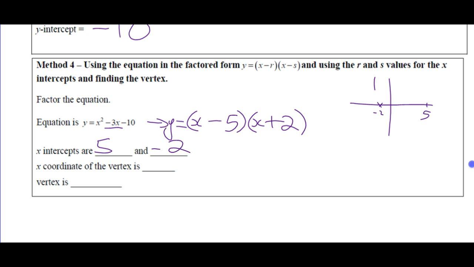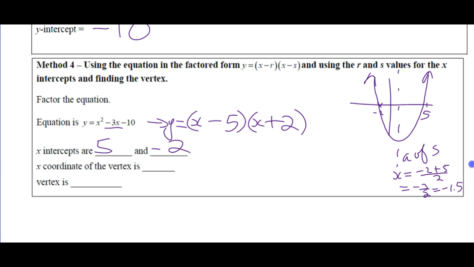We know it opens up. This is the axis of symmetry. How does that relate to these two numbers? It's halfway in between, right? So this is x equals (-2 plus 5) over 2, which is 3 over 2, or 1.5, right? So that's the big thing.